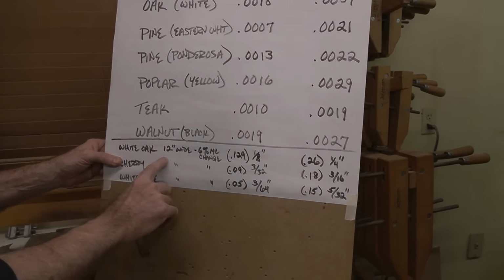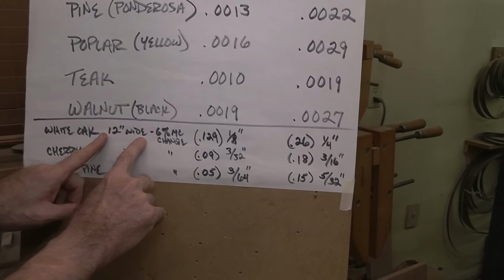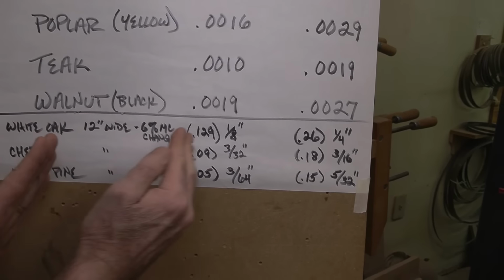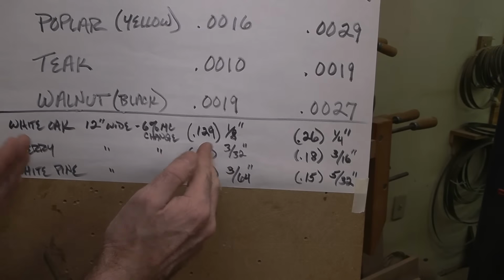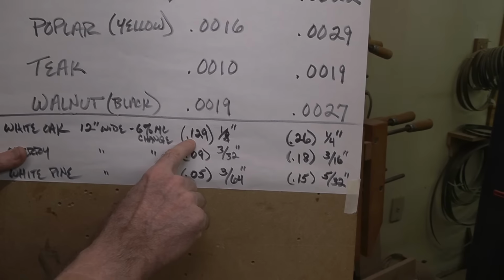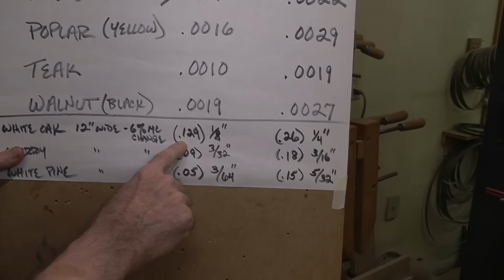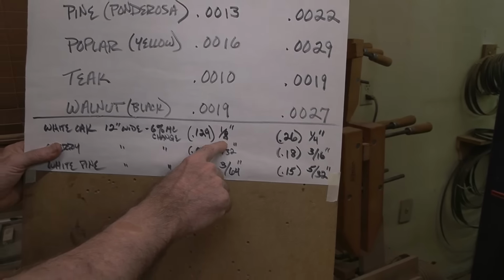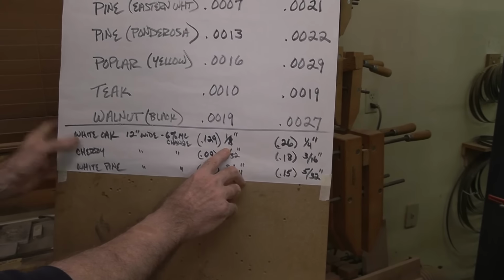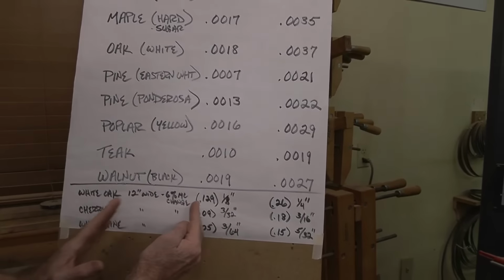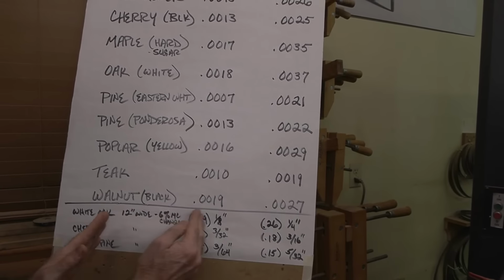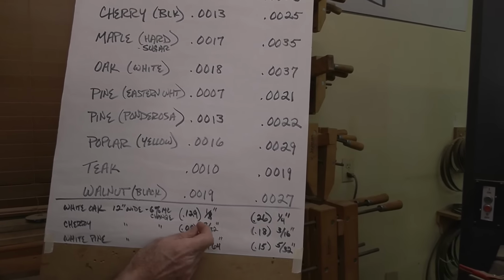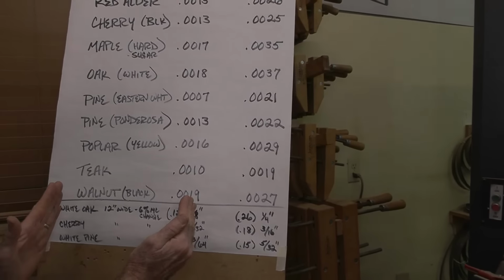We've got white oak: a 12-inch wide board with a 6% moisture change will move 0.129, or an eighth of an inch. Now this is the quarter sawn. That's a lot of moisture change, 6%. So an eighth of an inch over a 12-inch piece seasonally.